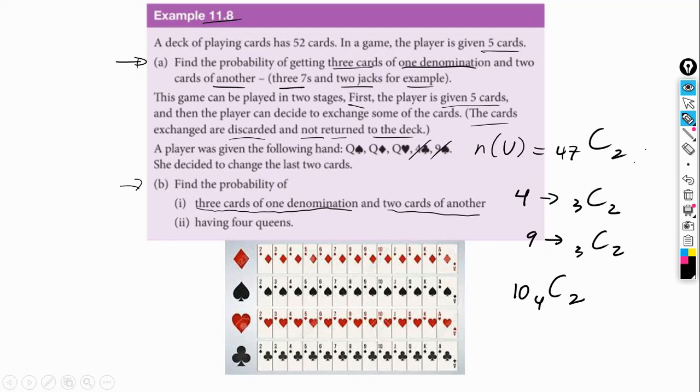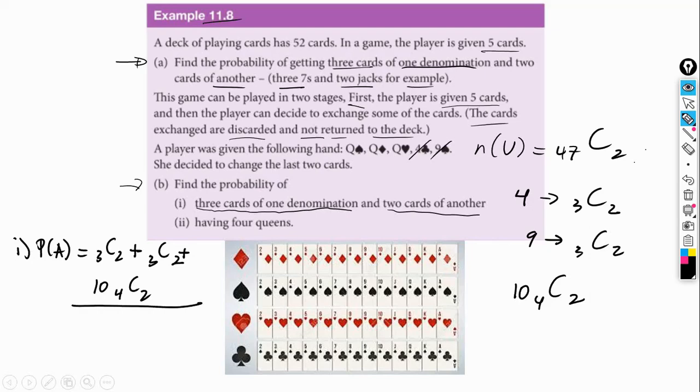So for part 1, the probability of this event is going to equal first picking 2 cards that are 4s, so that would be the first combination, or picking 2 9s, which is the second combination, or the last one, which is 10 different denominations left, from which we have to pick 2 cards out of 4 possible ones.